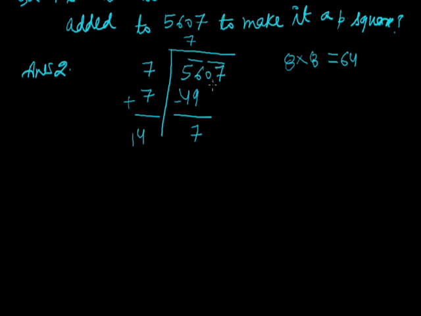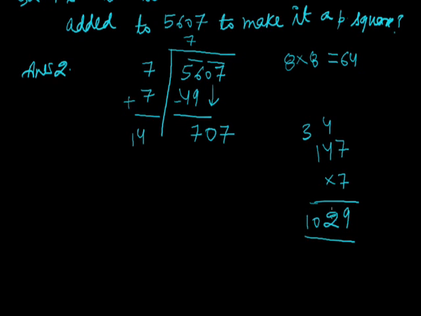Now take this whole pair downwards and write 07 over here. Multiply this 14 first of all by 7, and we get 49. 7 times 4 is 28 plus 4 gives you 32, and this is 1049. Check this.